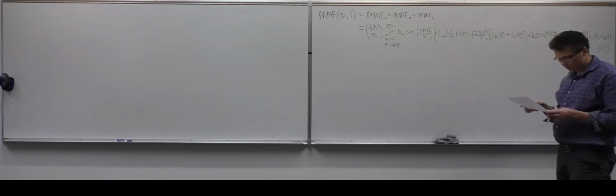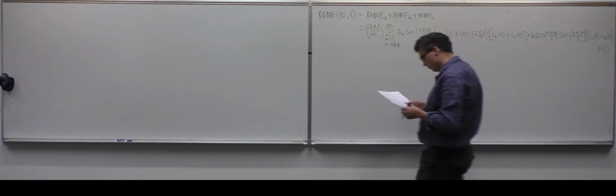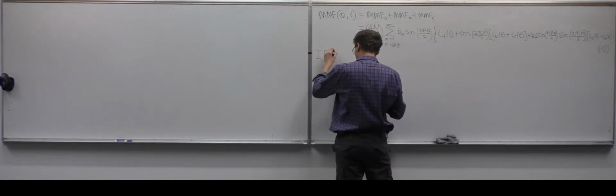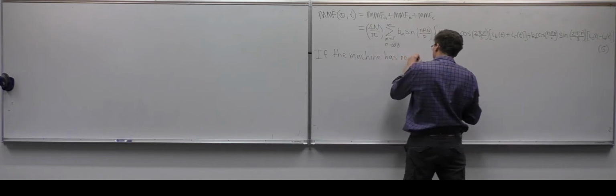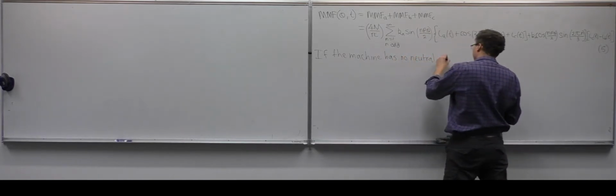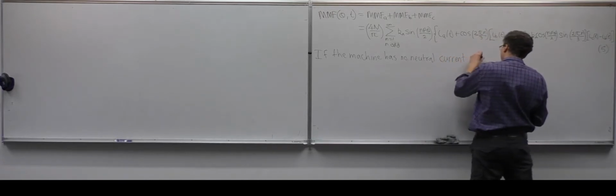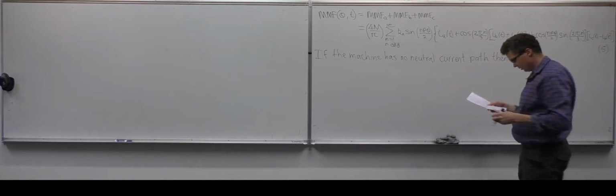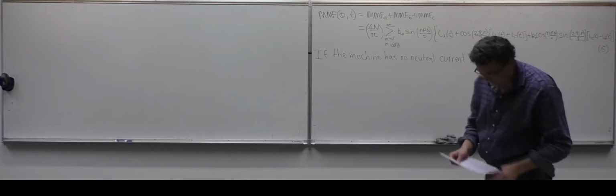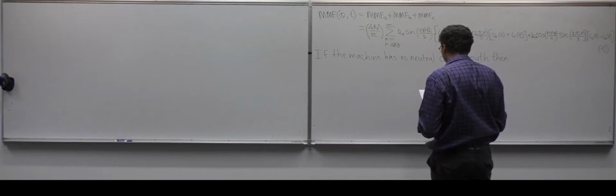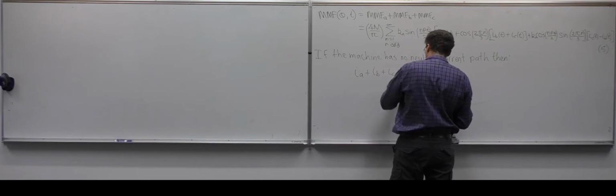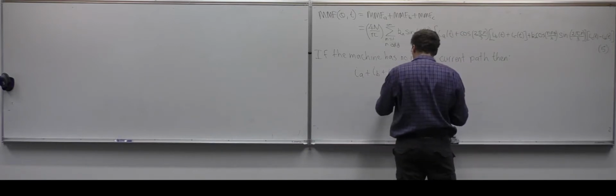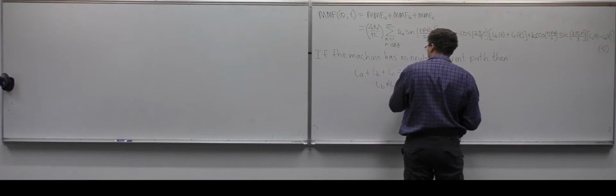So if we assume that there is no neutral current path, which is pretty reasonable, if the machine has no neutral current path, then we can say that IA plus IB plus IC has to equal 0, or IB plus IC equals minus IA.